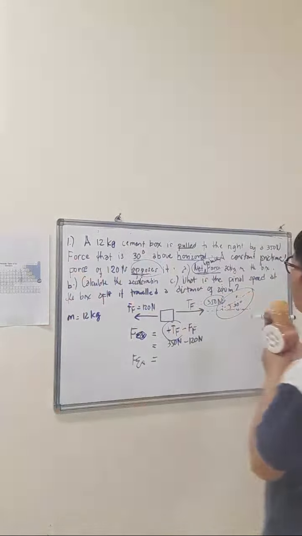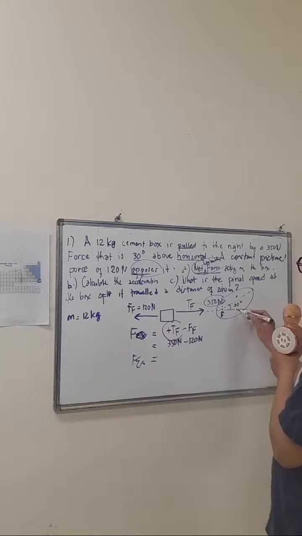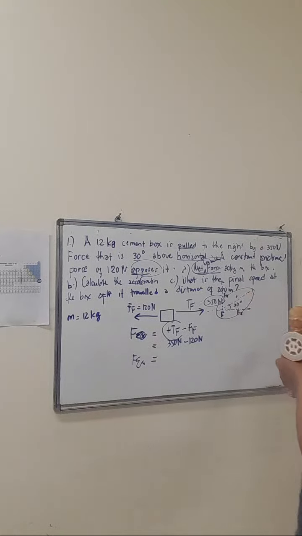Let's say it's gonna be F. You have the Fx component in the x-axis, and you have also the y component in your y-axis. That is parallel with each other, so you can transfer Fy here with the same direction pointing upward. So these are what we call components of your resultant force.